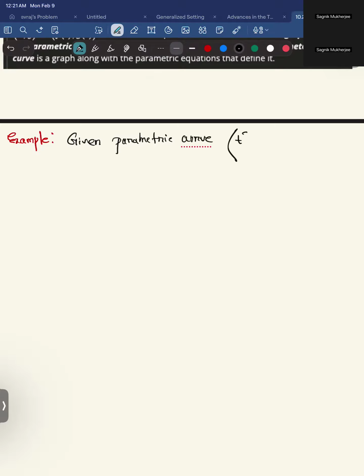You will be given a parametric curve like this. Find t such that the curve crosses itself.